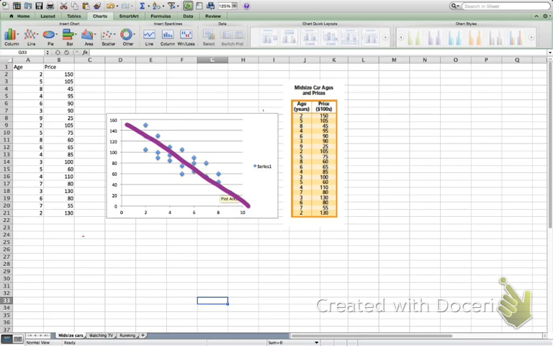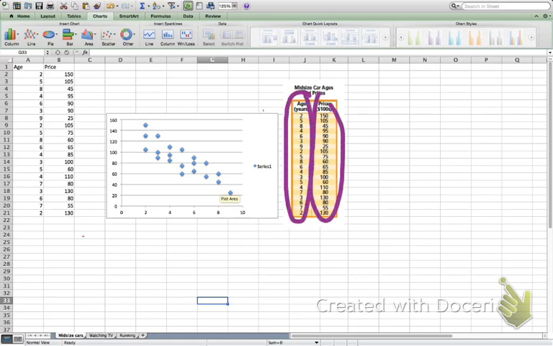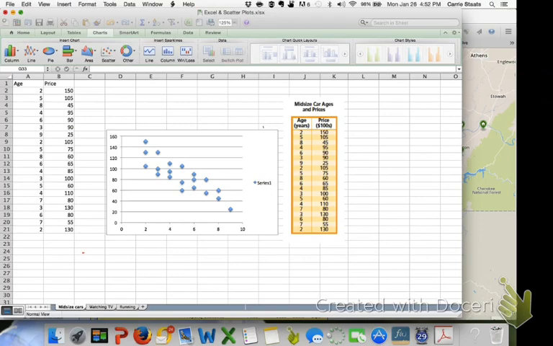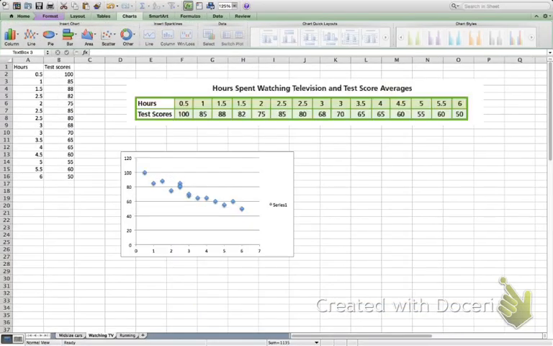What they're going to have you do throughout this lesson is determine a relationship. Is there a relationship between the age of a mid-sized car and its price? Yes, there is. Notice there's some kind of trend going down. Is there a relationship between watching television and your test scores?